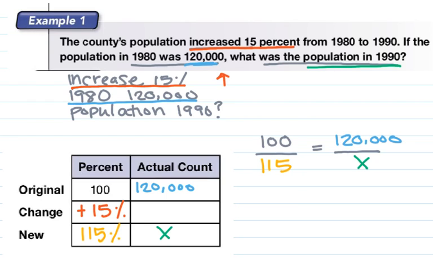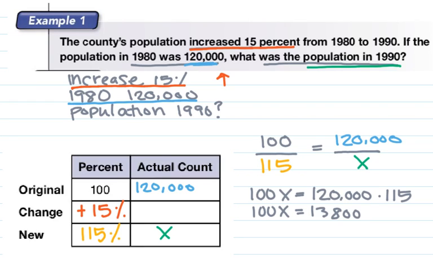Now I will cross multiply. So I have 100X equals 120,000 multiplied by 115. Well, 120,000 times 115 is, wait for it, there we go, 13,800,000.